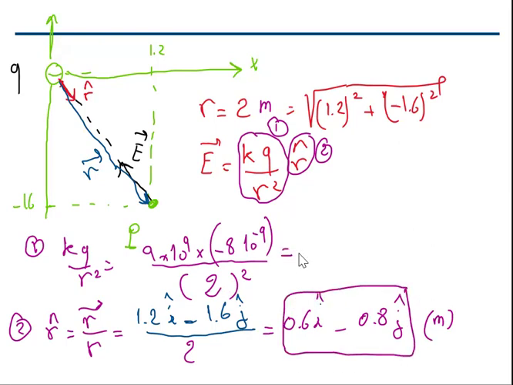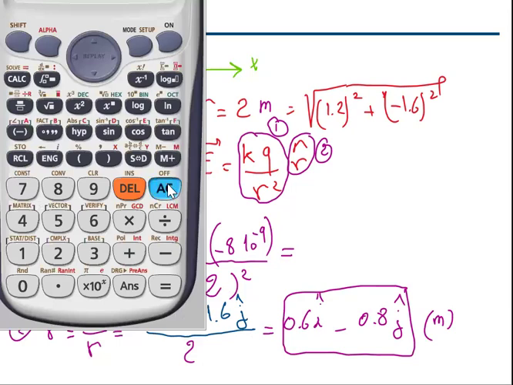Let's try to calculate this quantity. We said it's 9 times 10 power 9, multiplied by q.